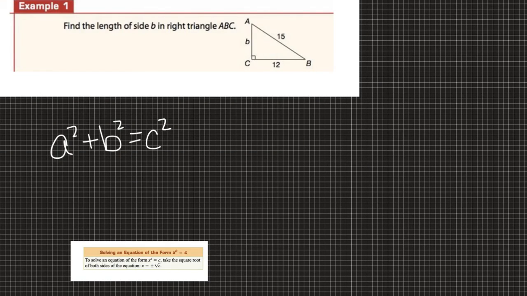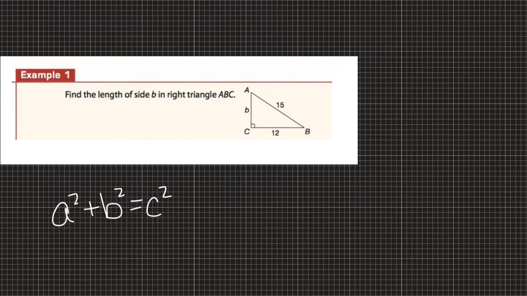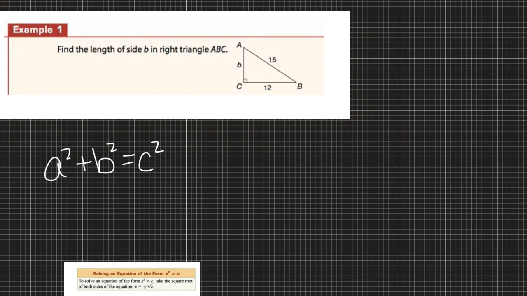The first thing we need to know when we work with triangles like this is how we label the sides. This is side C and B and A. This is just a replica of this triangle right here.